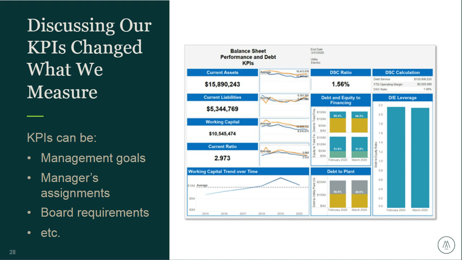And we've seen a variety of different things with KPIs. We've seen them be goals that management sets for themselves. We have one client whose KPI is what the board or the owner told management they would have to do to get a bonus. We have them be assignments directly from the board or maybe from a regulatory agency.